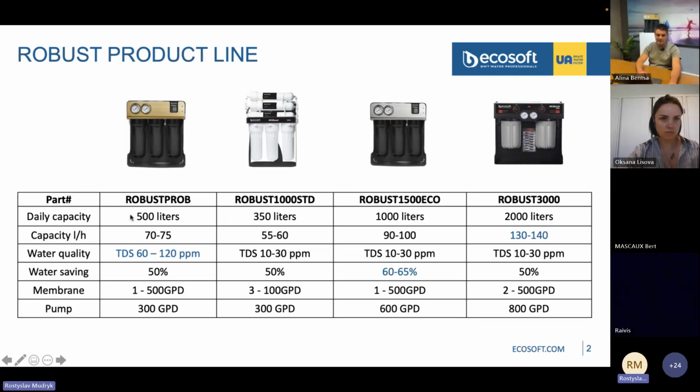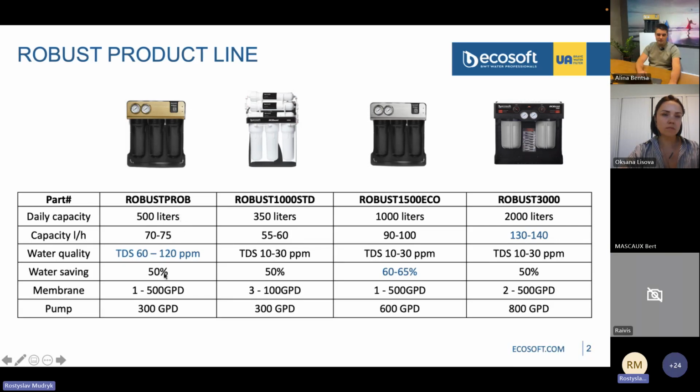If we have 500 liters of water a day treated with a recovery of 50%, the consumption of tap water would be 1,000 liters per day. If the recovery is 20%, then to get 500 liters you would need to feed 2,500 liters per day.